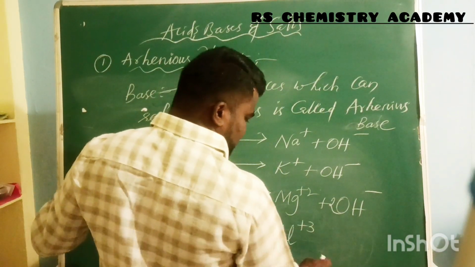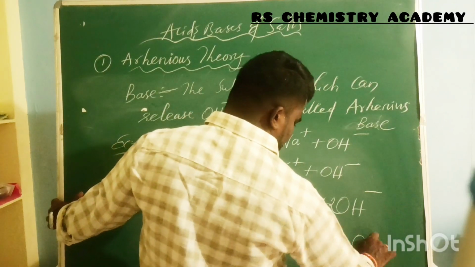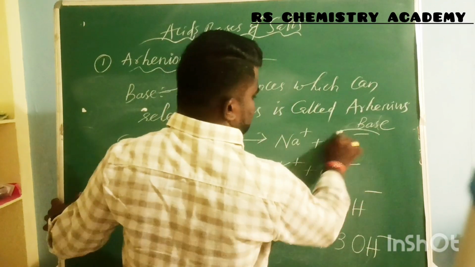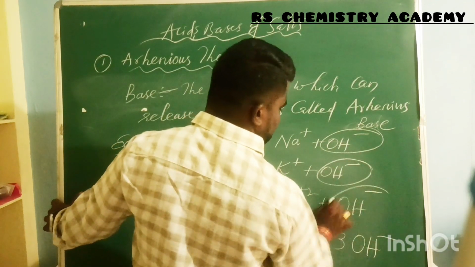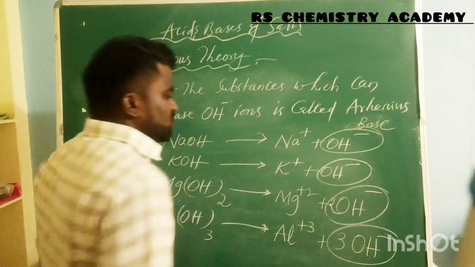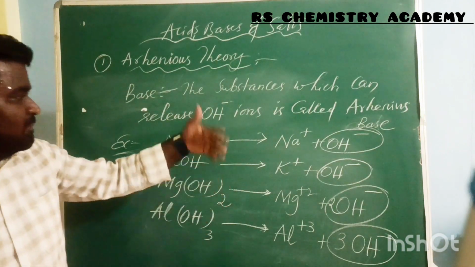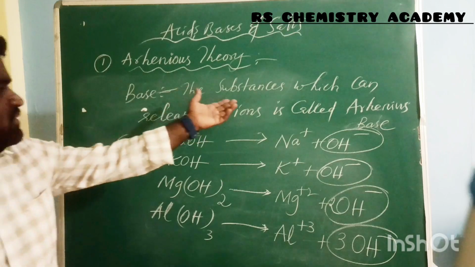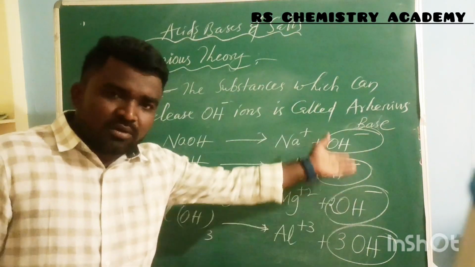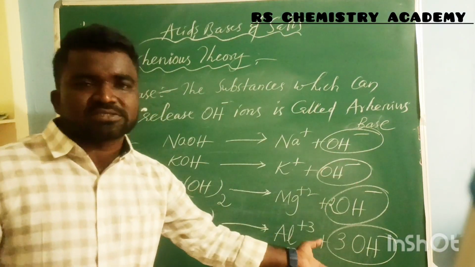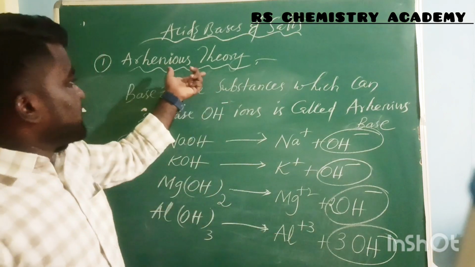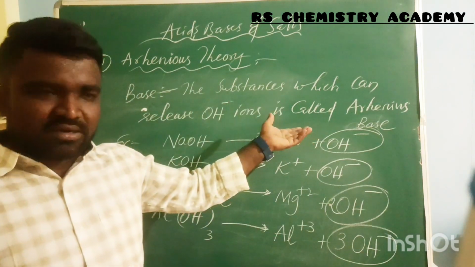Aluminum hydroxide decomposes into Al 3 plus plus 3OH minus. Here we can observe OH minus ions, so these substances belong to bases, because they release hydroxide ions. So this is about Arrhenius theory, and it is very important.